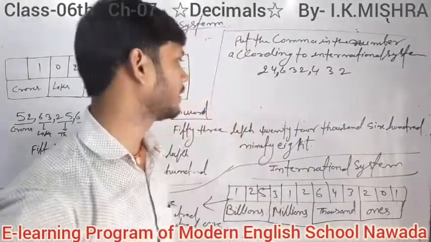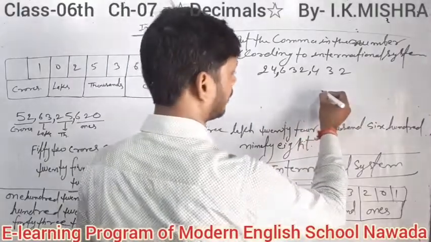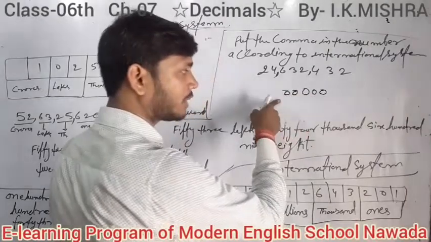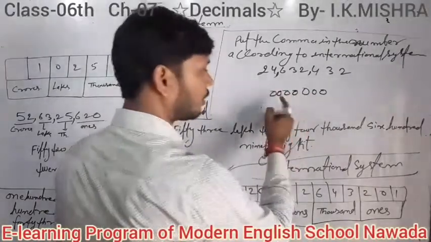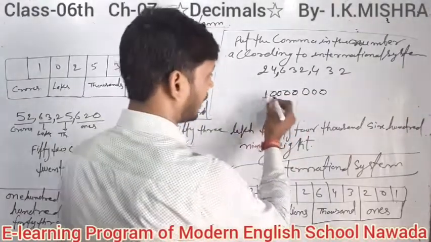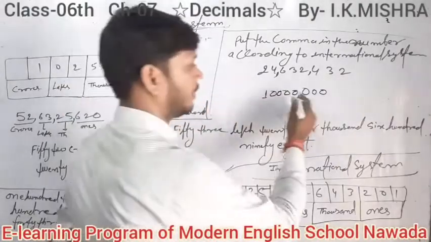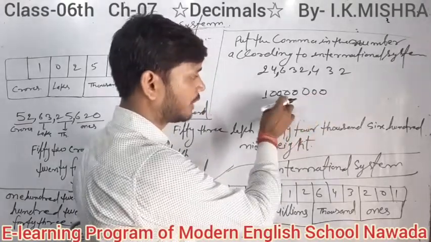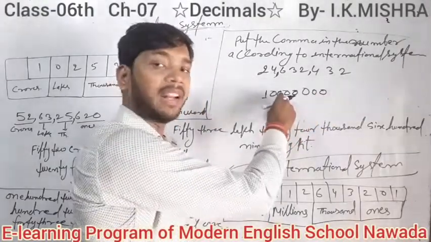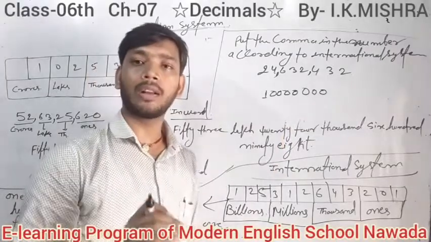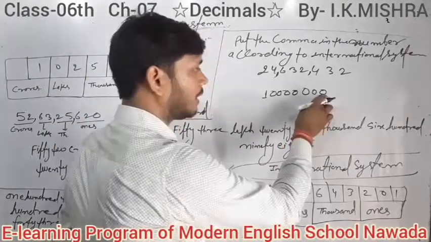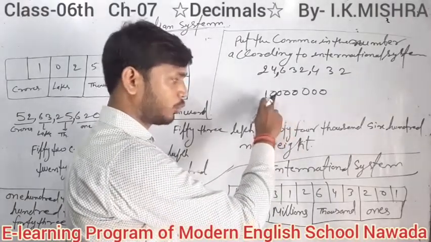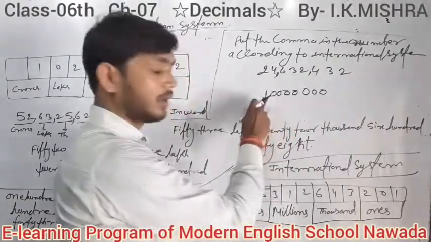In the Indian system, 1 crore means 3 digits for the ones period, 2 digits for the thousands period, 2 digits for the lakh period, and 1 in crore, because the word crore is used in the Indian system.